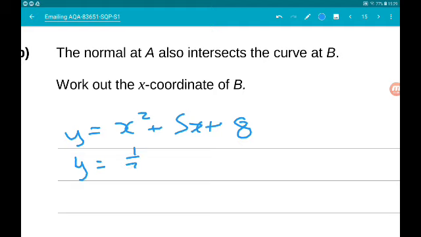Then we think about these equations simultaneously. So both of them here are y equals. So if y is equal to both of these expressions, then the expressions are equal to each other.